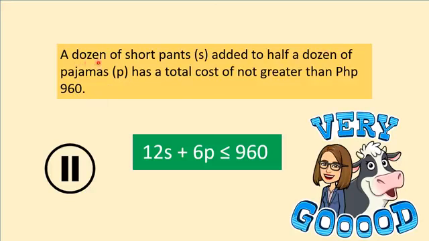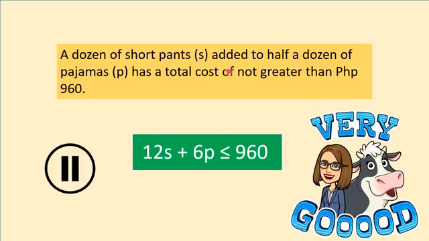Now a dozen is equal to 12, so 12s. Now the second one is half a dozen, so meaning 1/2 of 12 is 6, and it is represented by the variable letter p, so 6p.